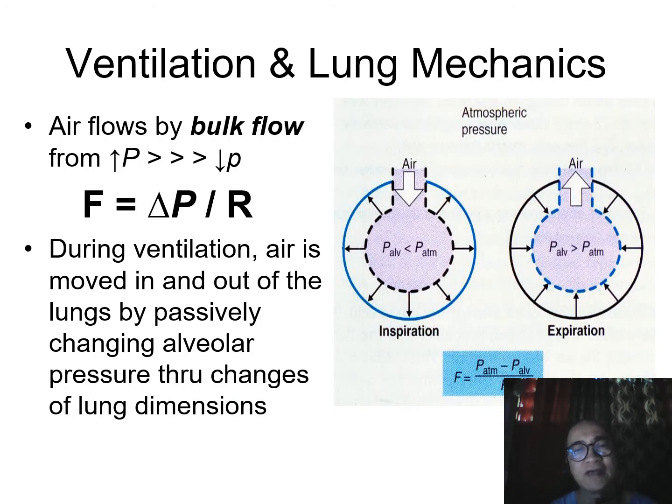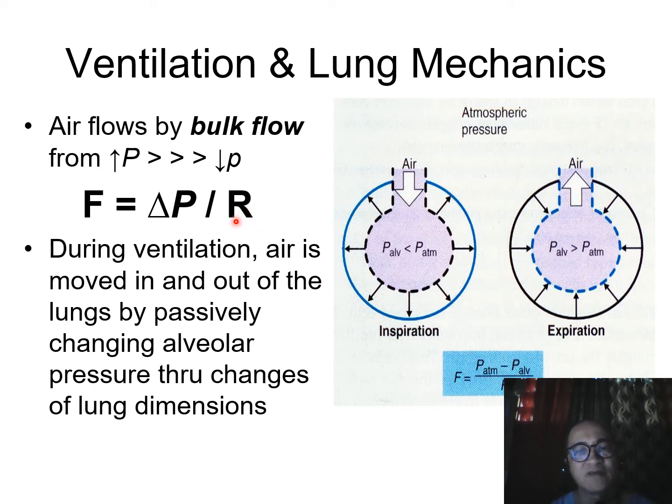And so, airflow, or F, into or out of the lungs is basically determined by the difference of air pressures. This is expressed by the equation shown in this slide. The equation shows there are two main determinants of airflow. One is the pressure difference between the alveoli and the atmosphere, and two, the resistance of the passageway of air. Resistance in turn is determined principally by the diameter of the passageway of air.